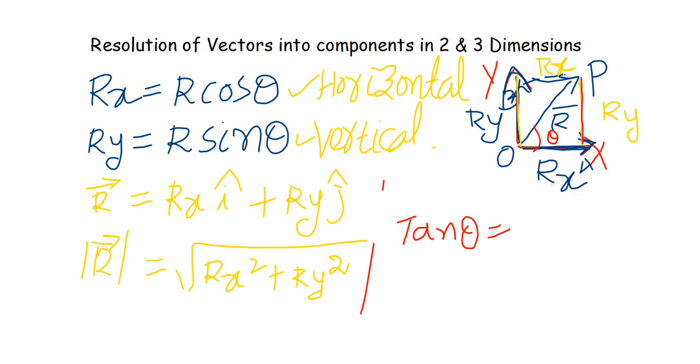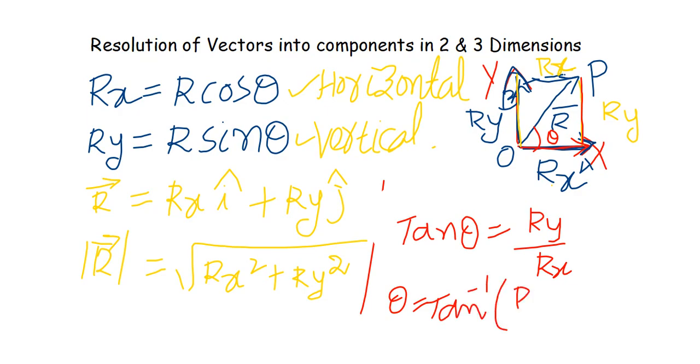Opposite side is ry, adjacent side is rx. So angle theta is tan inverse of ry by rx. Theta is equal to tan inverse of ry by rx.